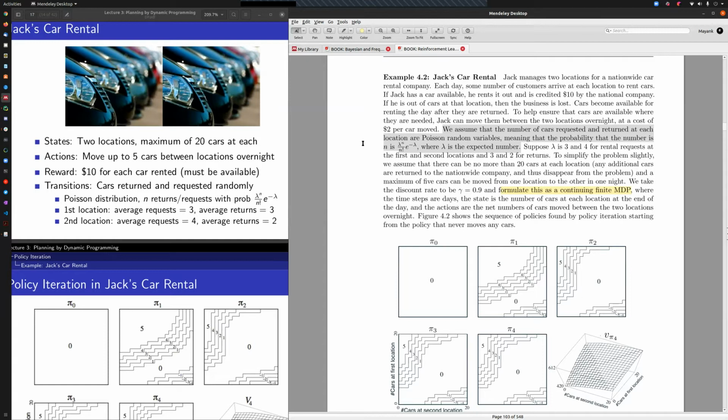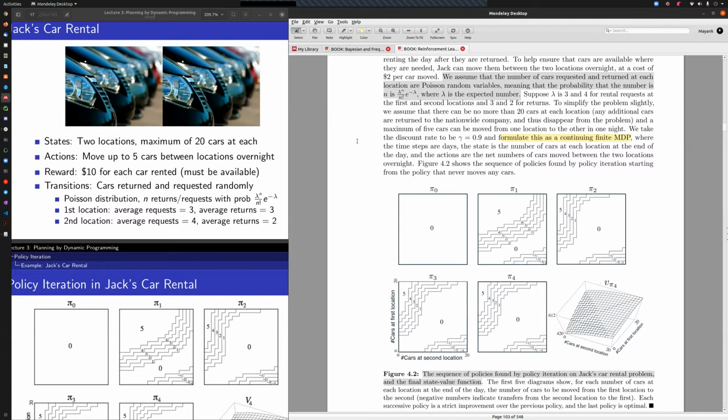If we are expanding our state space, then with respect to the policy iterations, I do not know.